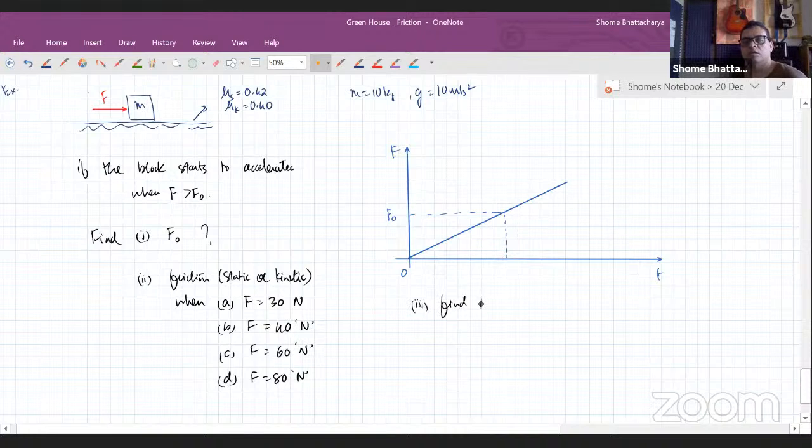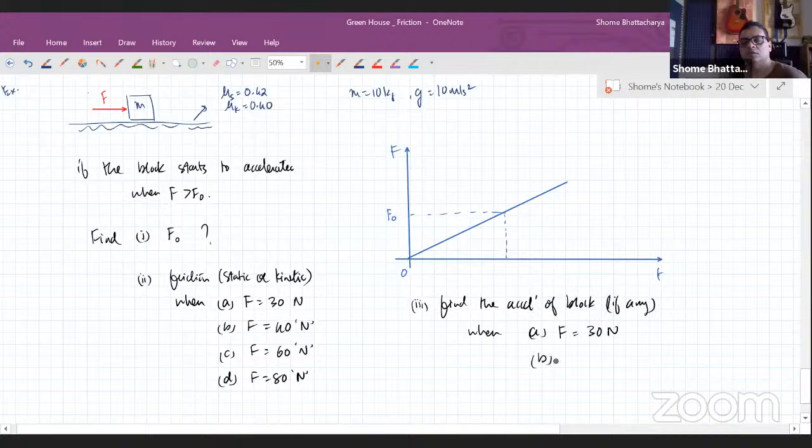And find the acceleration of the block, if any, when F is equal to 30 newtons, 60 newtons, and 80 newtons.